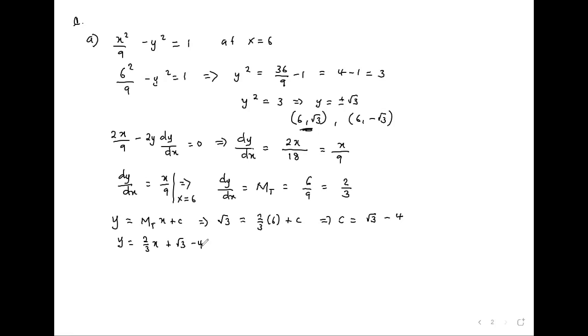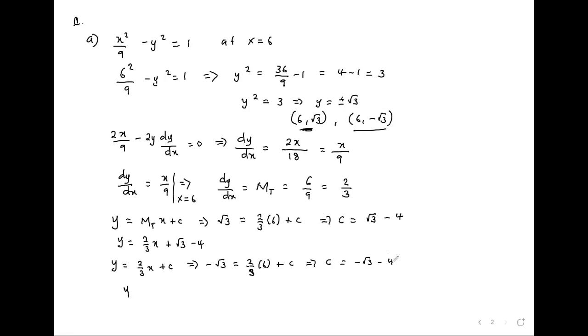You can also find for the other point, where you say y is equal to 2 over 3 x plus c, and get negative root 3 is equal to 2 over 3 times 6 plus c, implying that c is minus root 3 minus 4 again.